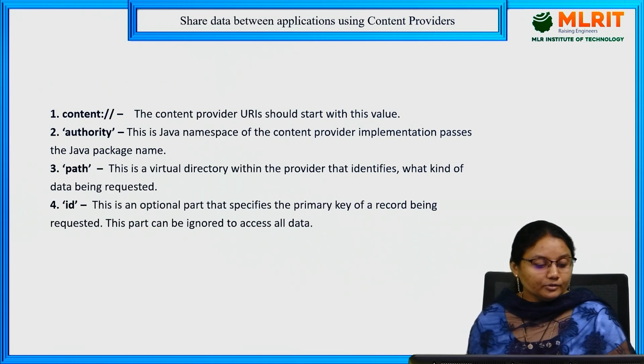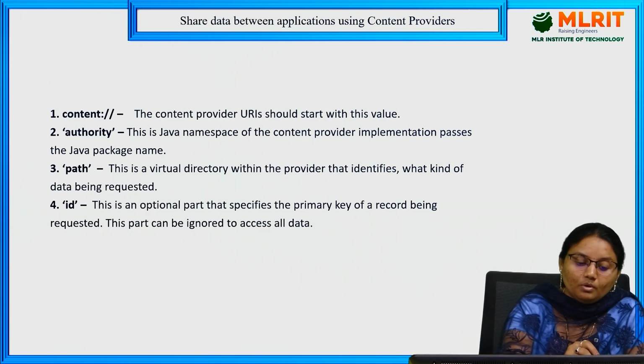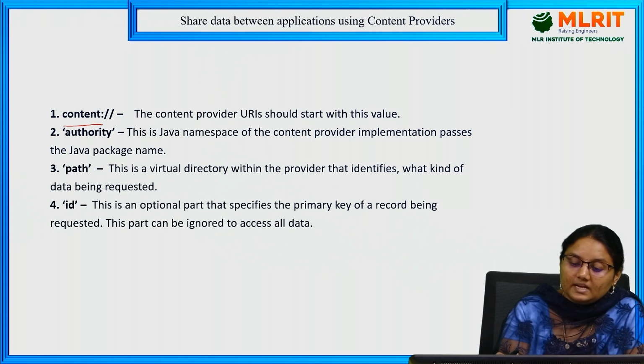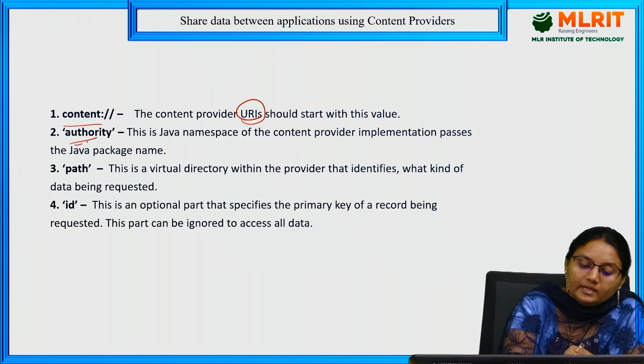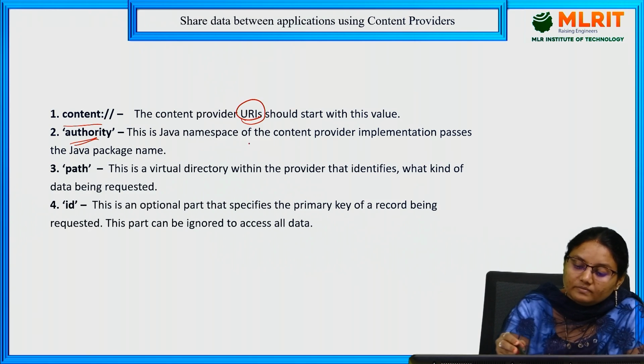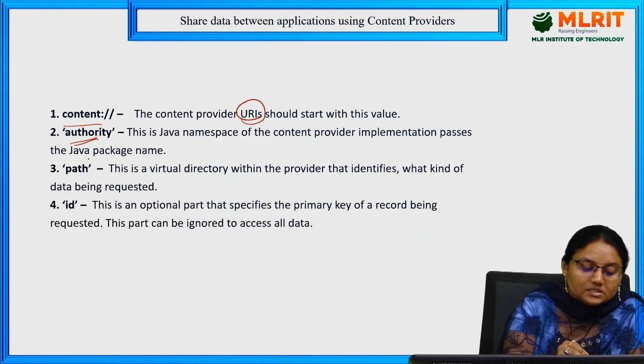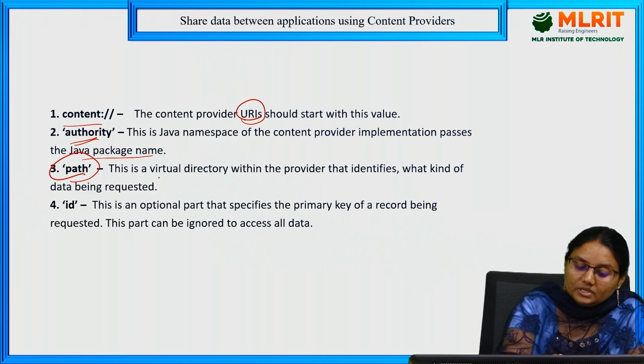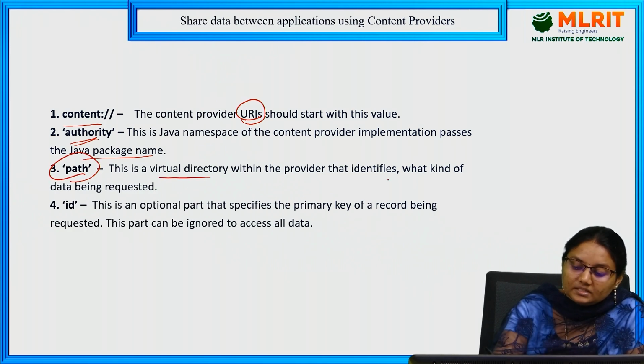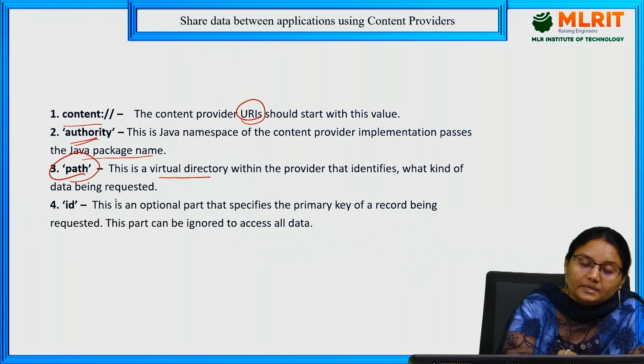These are the few attributes that you need to know. What is the path? Content colon slash slash. This is the URI, and it should start with this value. Authority is nothing but the namespace of the content provider, which mirrors the Java package name. And path is the virtual directory within the provider that identifies what kind of data is being requested. So that path needs to be given.